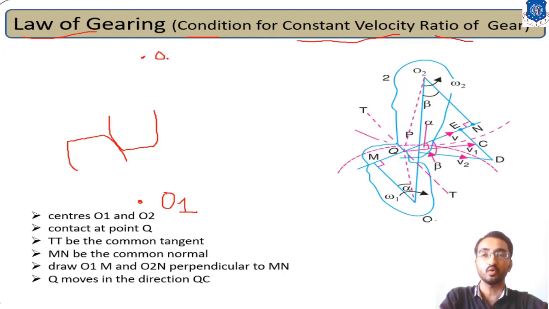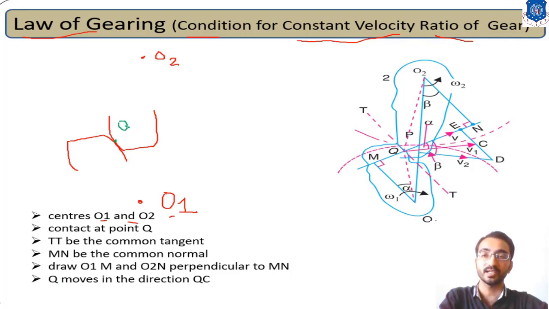So O1 and O2 are the two centers of gear A and gear B. These gears are meshing at a point, and let's call this contact point Q.